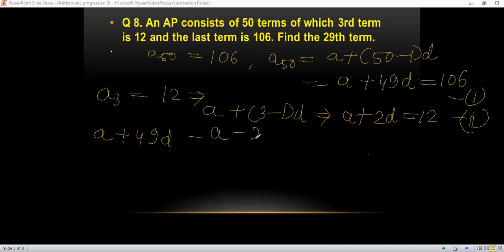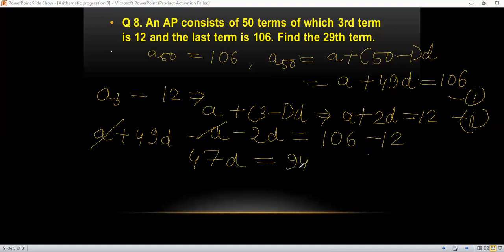A minus A, 49D minus 2D is equal to 106 minus 12. So A will get cut. This becomes 47D is equal to 94. So D is equal to 94 upon 47. So the value of D is 2.